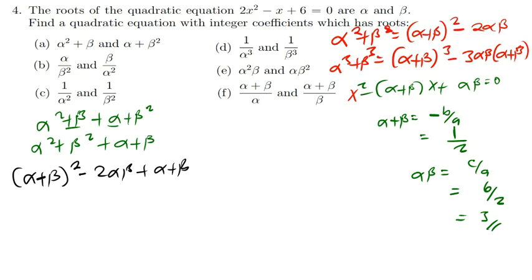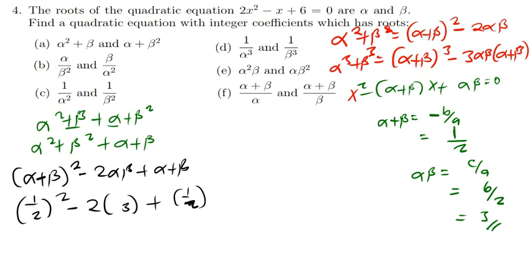Now we can plug in the values, that is for the sum. So alpha plus beta is 1 over 2, but it is squared, minus 2 alpha beta is 3, then plus alpha plus beta is 1 over 2. Let's not forget about that one. So then what are we going to have?